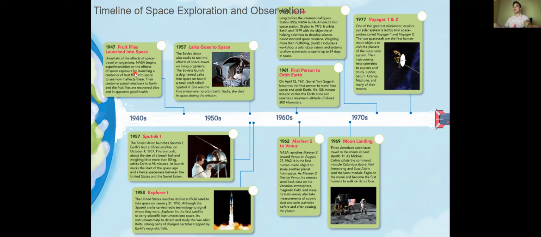So as far as space exploration and probes and just the timeline, they launched fruit flies into space. That was the first thing they ever did. And then the Soviet Union launched a dog into space. These two things sort of started the space race.